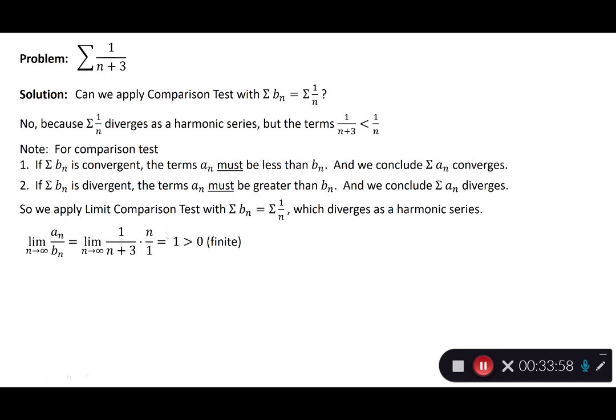So according to this test, either both series converge or both diverge. We already know that sigma b sub n diverges, so our series must also diverge, right? That's the idea. Cool? All right. Next.